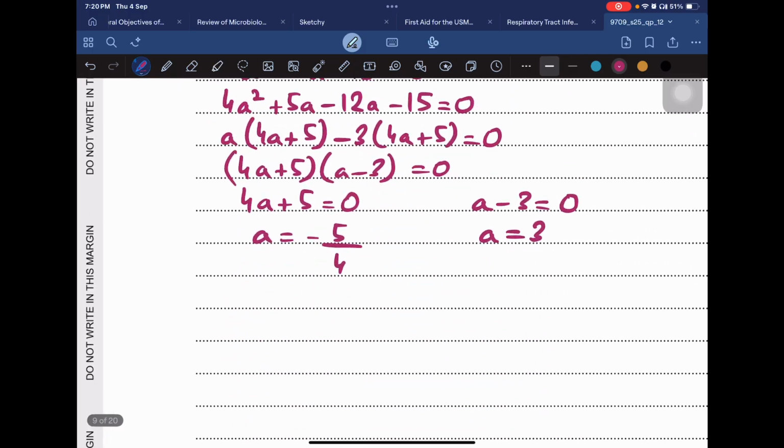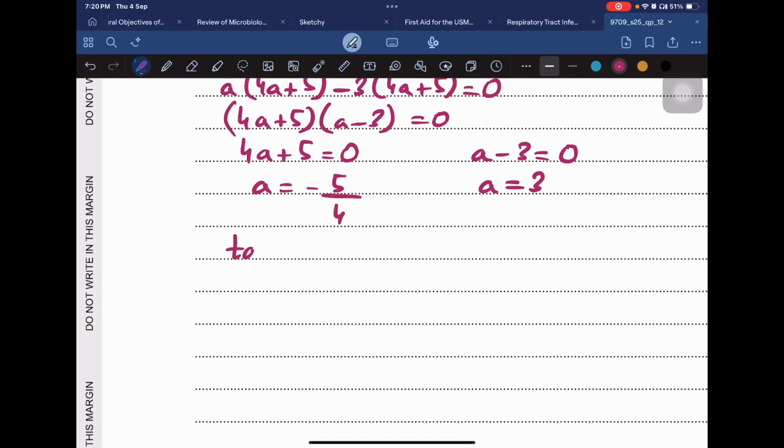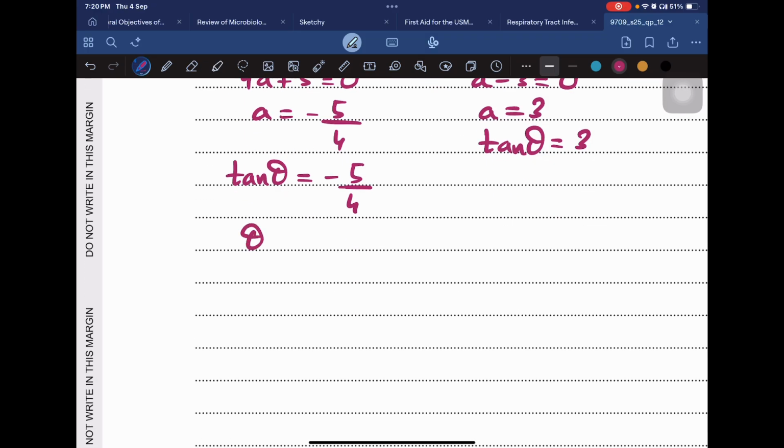So a was tan theta. So we have tan theta equals negative 5 upon 4 and tan theta equals 3. Now remember the mnemonic ASTC. In the first quadrant, all of sine, cos, tan are positive. In the second quadrant, sine is positive, tan and cos are negative.